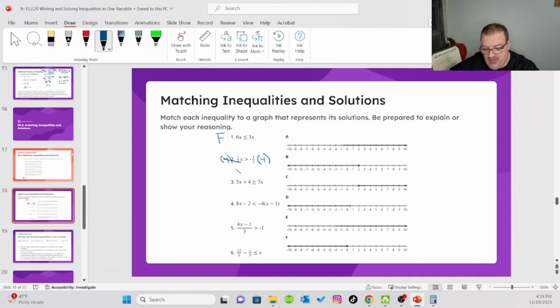And now this becomes x is greater than, 2 goes into 2 once, 2 goes into 4 2, -1 times 2 is -2. So I need a hollow circle at -2, and then I need any numbers larger than that. So that matches E.